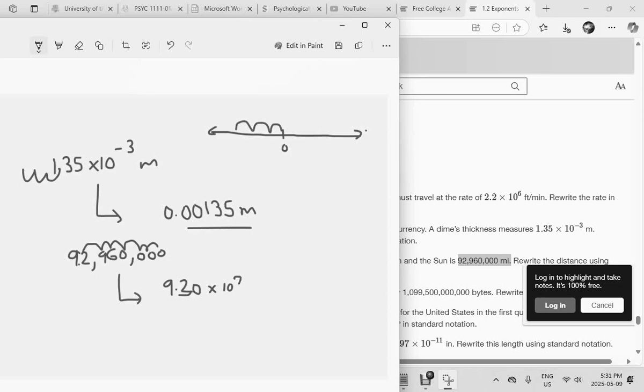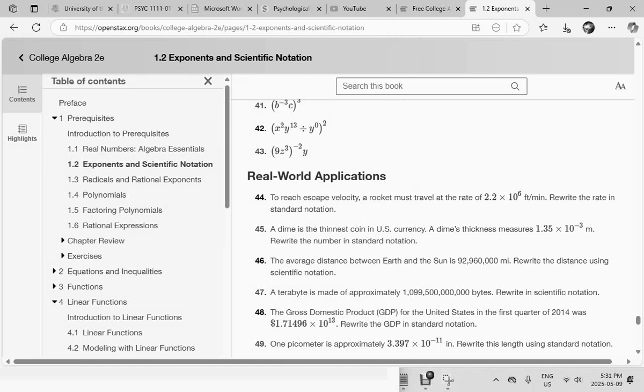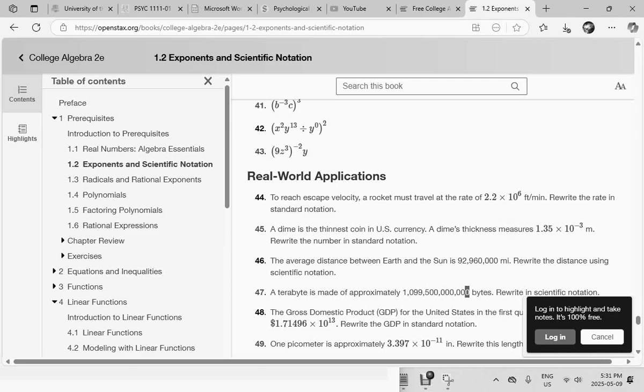All right, so let's go ahead and solve another one. A terabyte is made up of approximately so many bytes. This is the standard notation. Rewrite in scientific notation. Considering the number of zeros over here, we'll need to move our decimal place between 1 and 0. So this will be 1, 2, 3, 4, 5, 6, 7, 8, 9, 10, 11, 12.